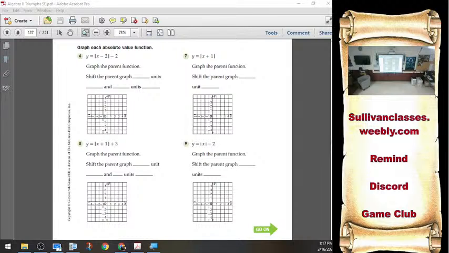Have it next to you so you don't have to keep flipping back and forth. If it's an x outside, is it just 1 or is it 0? Well, if there's no other numbers with it, it didn't move right or left. If I have a plus or a minus that is inside or outside, inside says left, right, whether it's positive or negative. Outside says up, down. So that would be left.